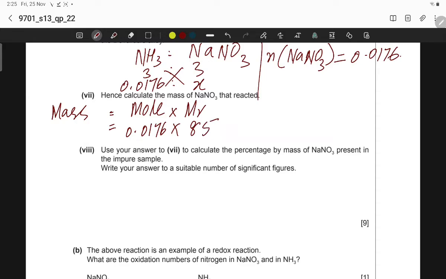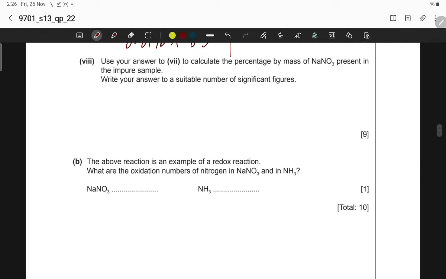The answer is: mass of sodium nitrate is 1.496. So this is the mass of sodium nitrate.